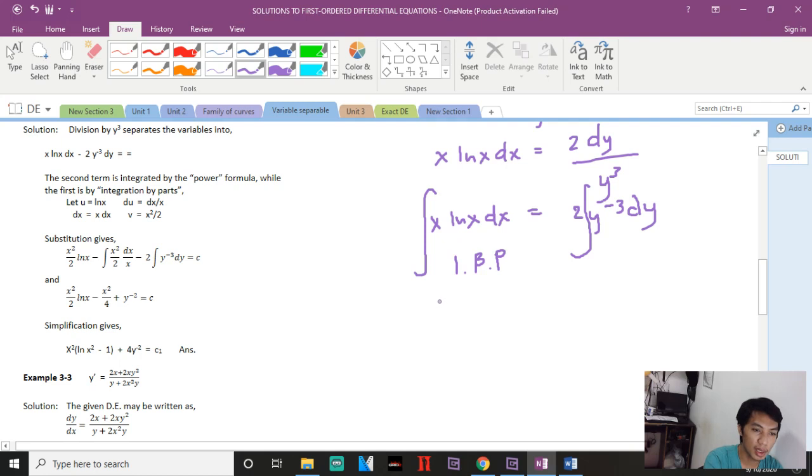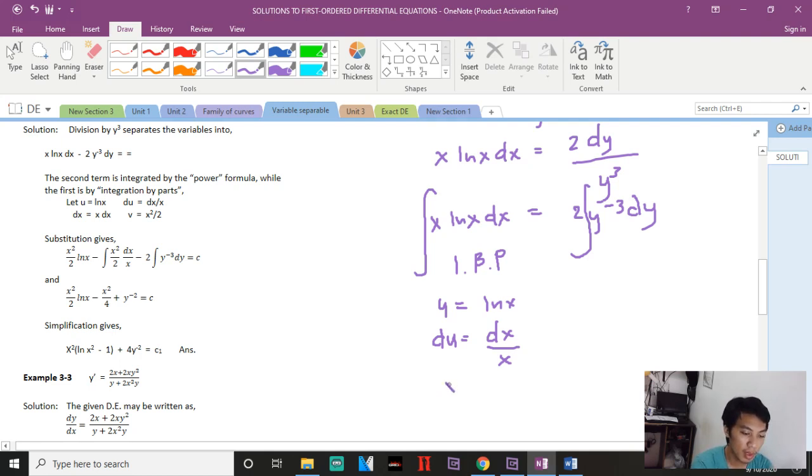So, let us set this as the u variable, ln of x. When you get the differential of u, that is equal to dx over x. Then your x dx should be dv.